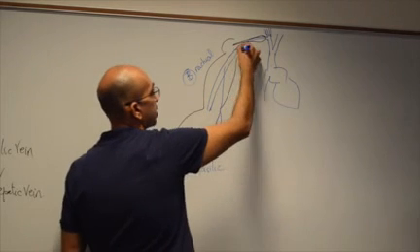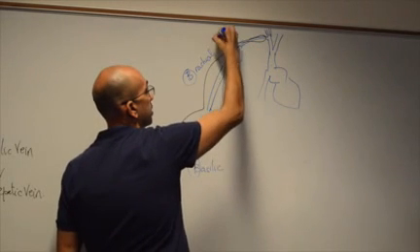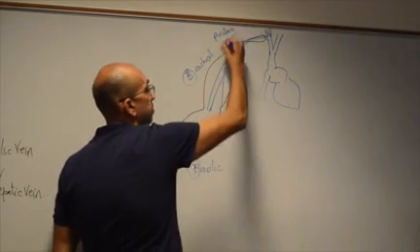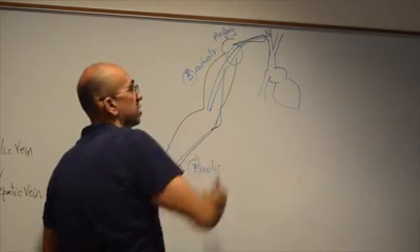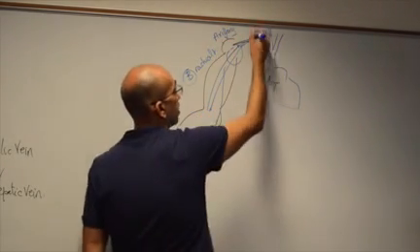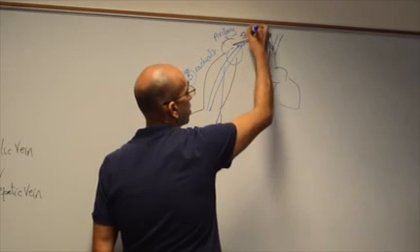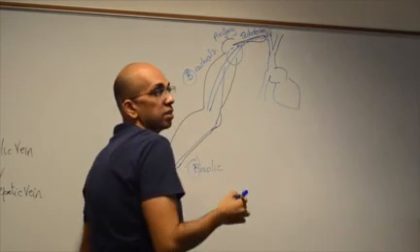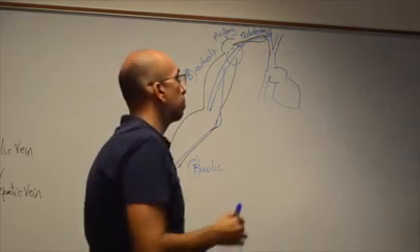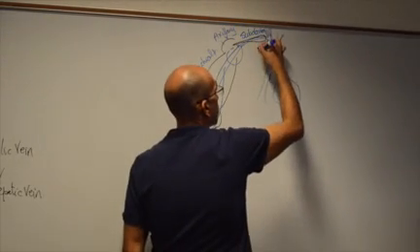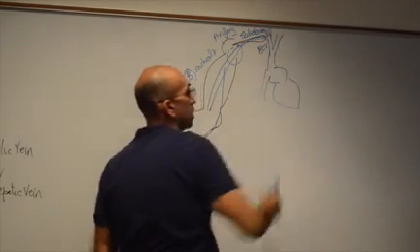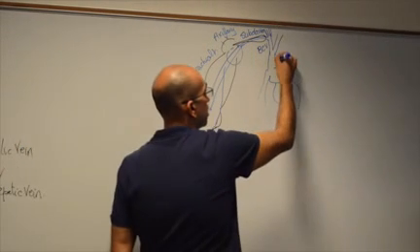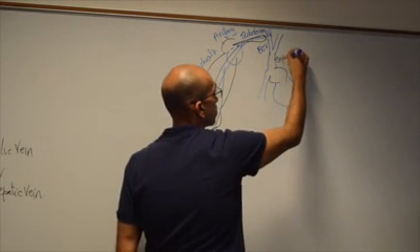Then the brachial vein will pass into the axillary region and become the axillary vein. Then the axillary vein will pass below the clavicle. This would be my subclavian. What's my next station? The subclavian vein, then the brachiocephalic vein. Then the brachiocephalic will pass down to be drained into my superior vena cava.